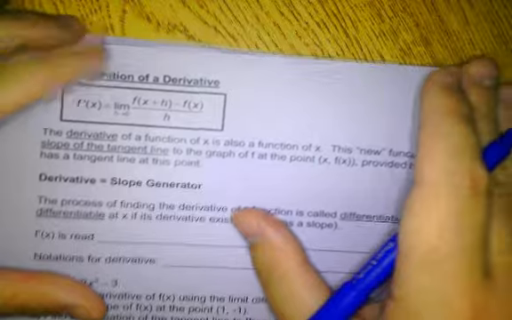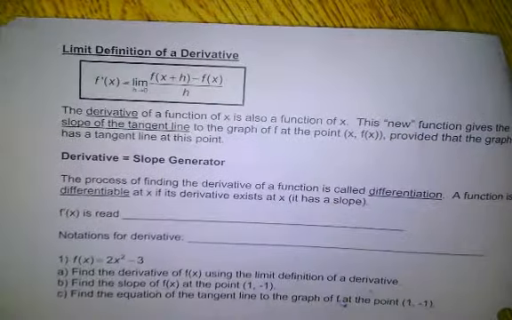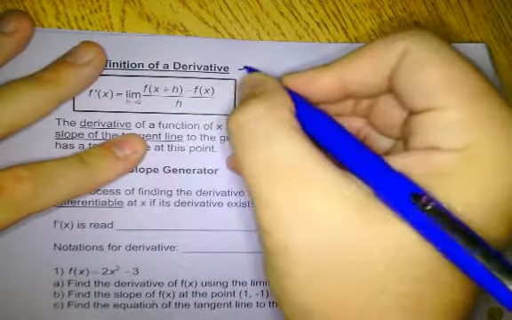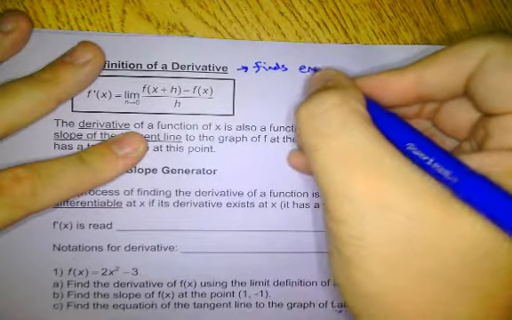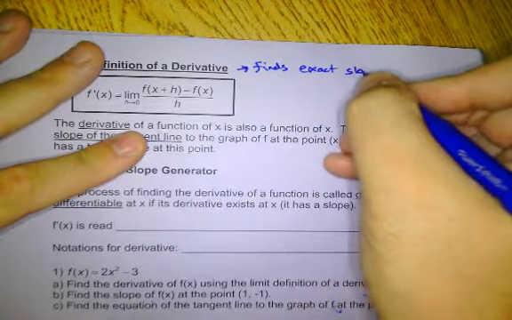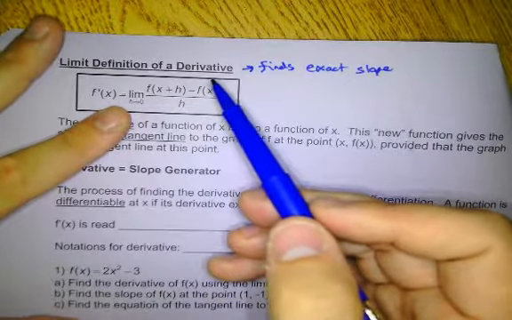Okay, which brings me to this formula I'm going to be showing you right here. This is the definition of a derivative. This finds slope. Finds the exact slope, I'll say. So again, the top part is the difference in my y's.